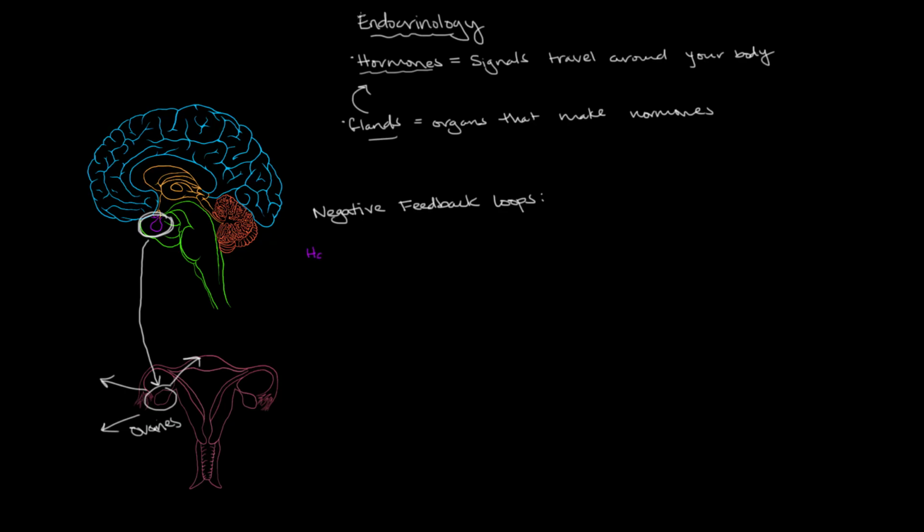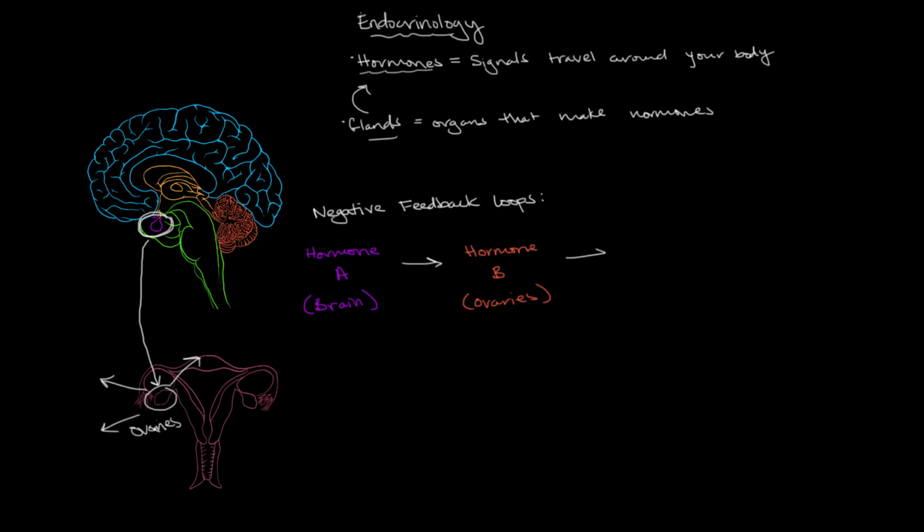So if you had hormone A, and this is within the brain, it's released from the brain and it travels down to the ovaries, and it tells the ovaries to produce hormone B. So hormone A tells your ovaries to release hormone B out into your body.